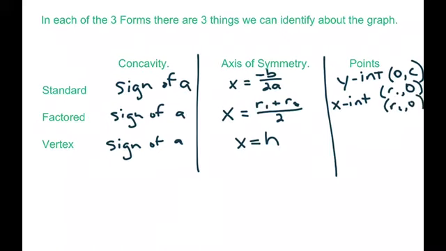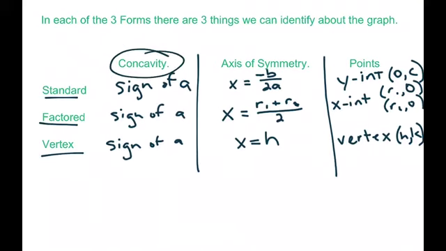Again, we're pulling those numbers directly from the equation. And in vertex form, we know that we can find the vertex, and that is the point h, k. All right? So from every form of the equation, we can find concavity, the axis of symmetry, and some point on the graph.